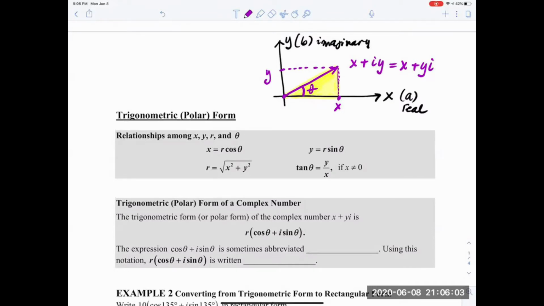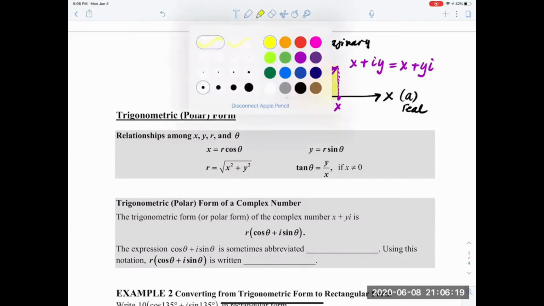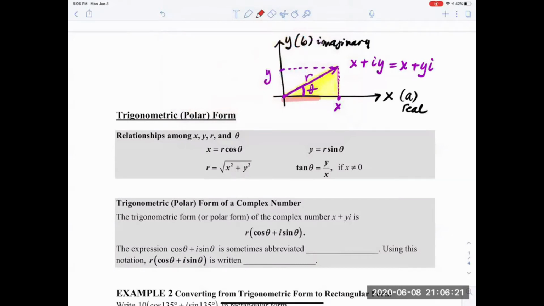The hypotenuse is r, the radius, or the vector, the resultant, if you want to call it that way. Now if you pull out the component of x, it comes out that x is r cosine of theta. Similarly, you look in a triangle in the y direction, and you will determine that y is r sine of theta.